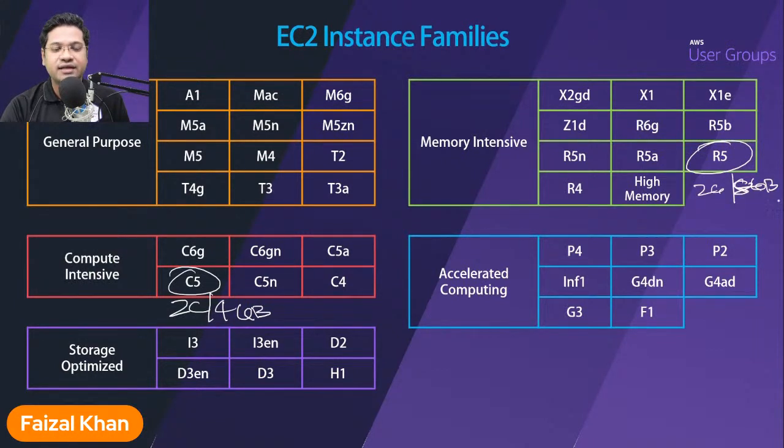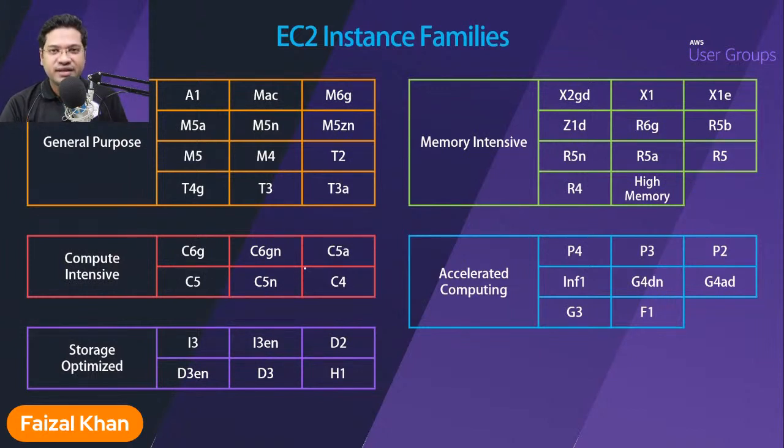So you basically get more GB for kind of the same money. But remember, your processor is still not as good as what you get on the compute intensive. The reason this is there is because depending on the applications you're running on the cloud, you might have different requirements, right? You might need a server which has a lot of memory, where processing is important, but might not be that important, right?